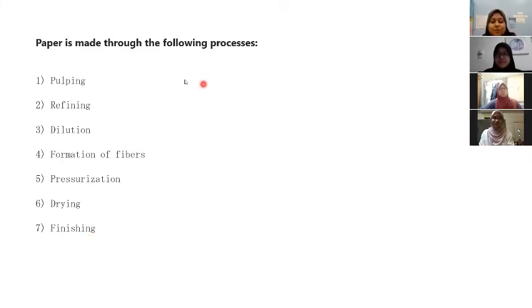Okay, the pulping process is aimed at removing lignin without losing fiber strength, thereby freeing the fiber and removing impurities that cause discoloration and possible future disintegration of the paper.